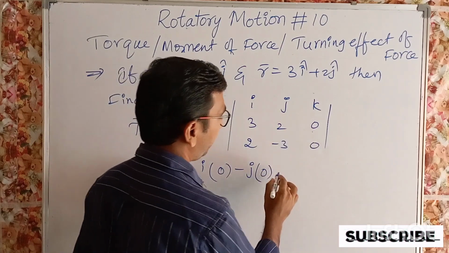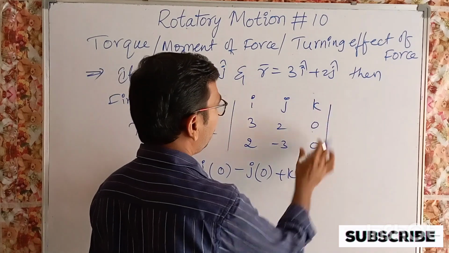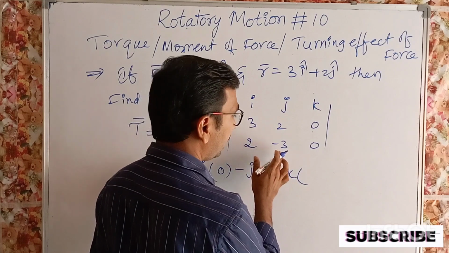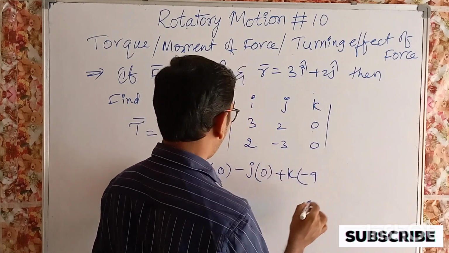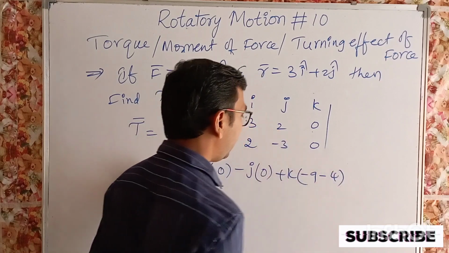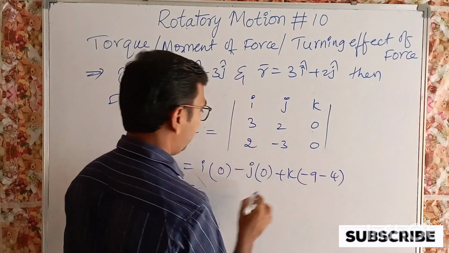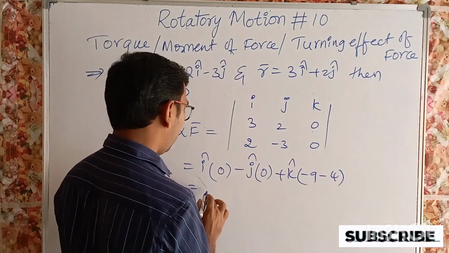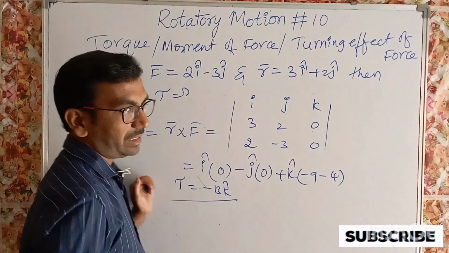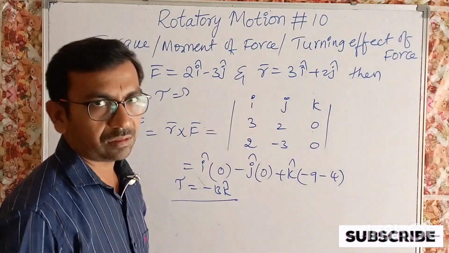Plus k: cover the k row and k column and multiply the remaining, 3 into minus 3 is minus 9, and minus 2 into 2 is minus 4. So you get minus 13 k cap. So torque tau is equal to minus 13 k cap, which means it acts along the negative Z axis.